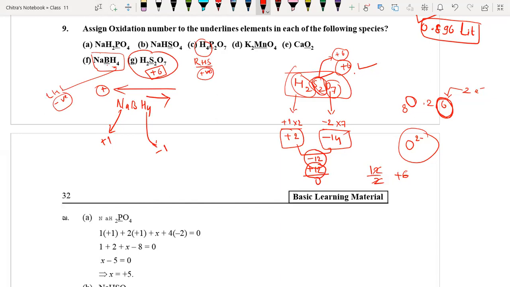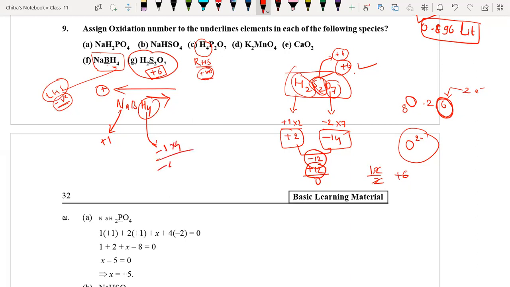Whenever you have chemistry as a main subject or a sub subject, minor or major, you have to remember all these things I'm teaching here. So for that hydrogen we have -1 charge, and we have 4 hydrogens, so we multiply by 4.